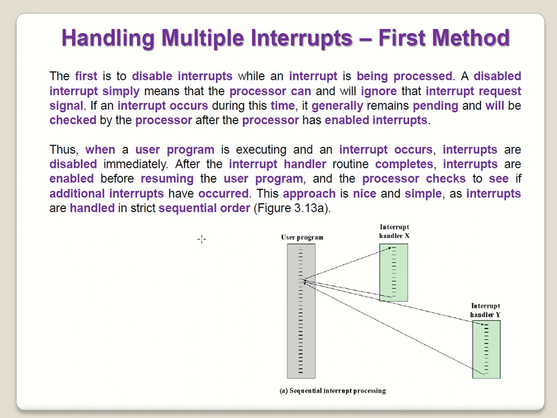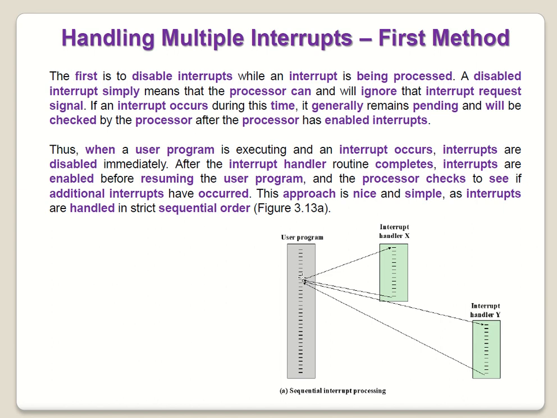Now, when the CPU executes the user program, at this point, assume that there is an interrupt from the device X. So what happens?